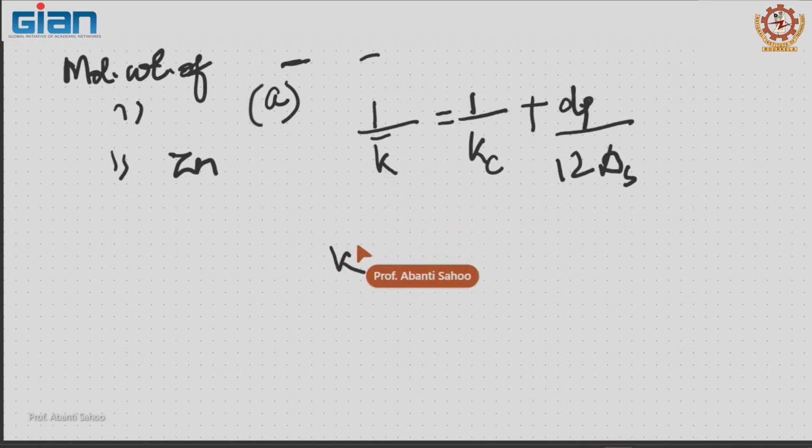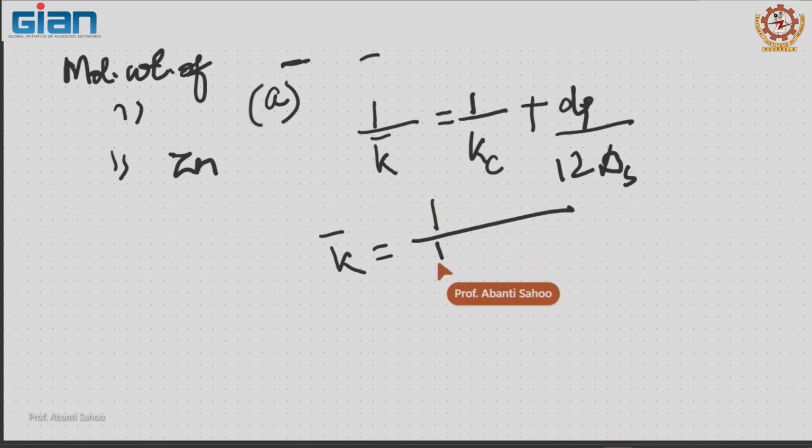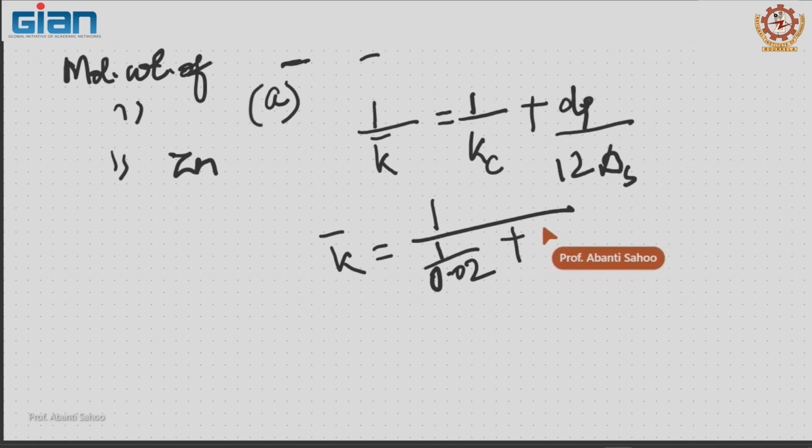So, k bar will be 1 by 0.02, because K c is given as 0.02 meter per second, plus here d p is given as 2 mm. So, 2 into 10 to the power minus 3 divided by 12 times diffusivity. Diffusivity is also given, 8 into 10 to the power minus 6.